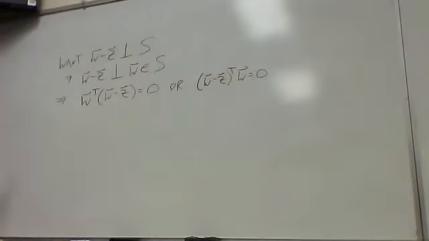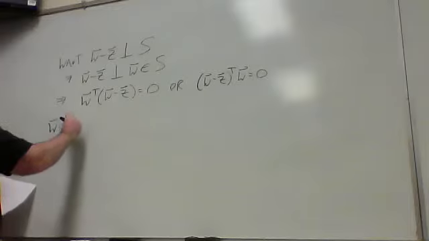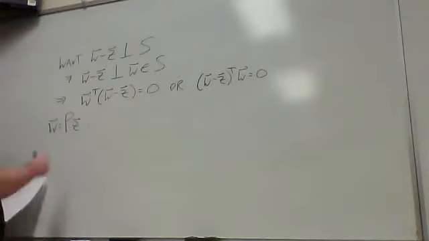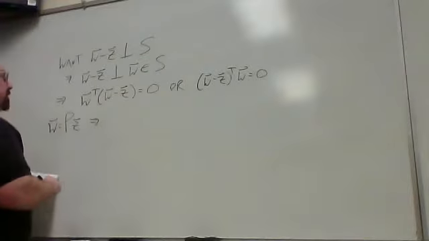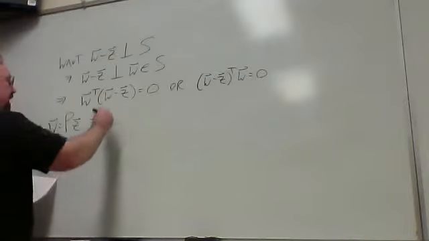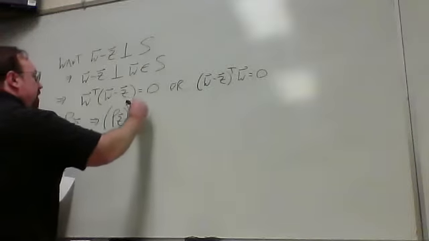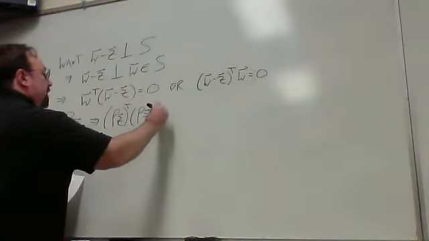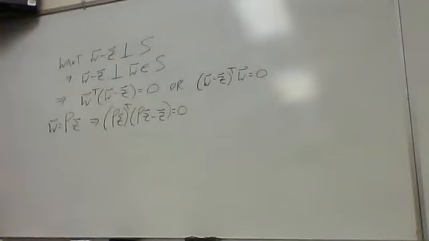But I'm going to need both directions for this. Now, W is P times Z. It's my orthogonal projection applied to Z. So if I substitute that into these equations, I get (PZ) transpose (PZ minus Z) equal to 0.